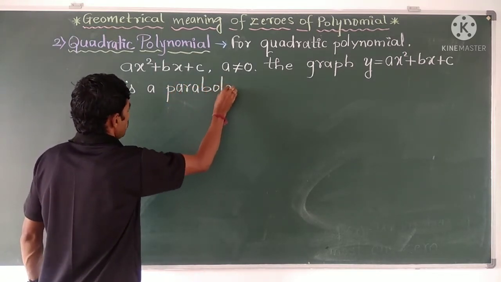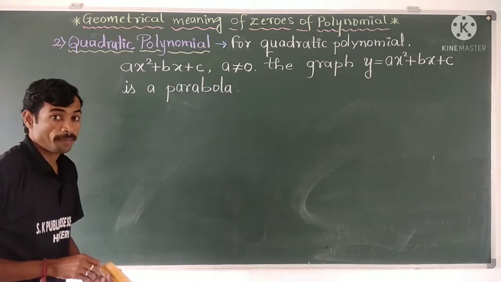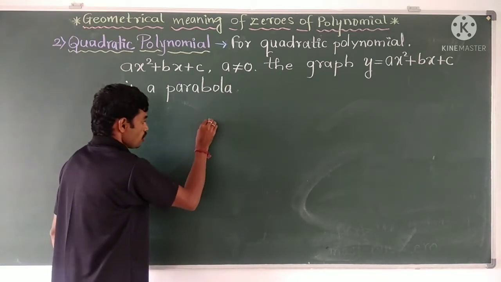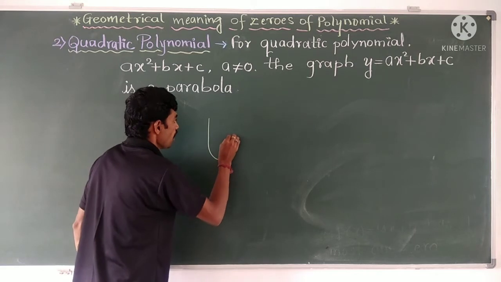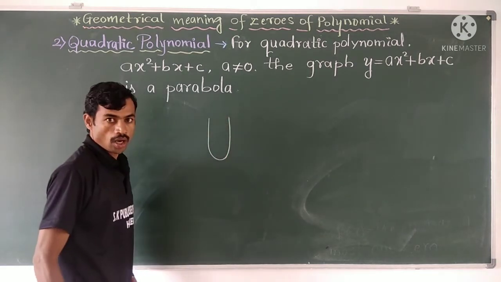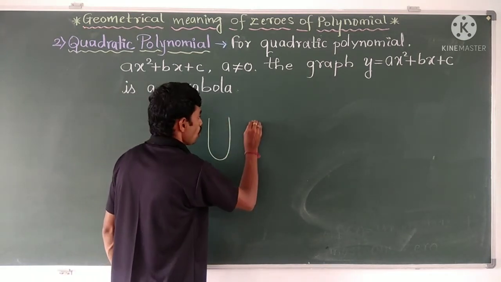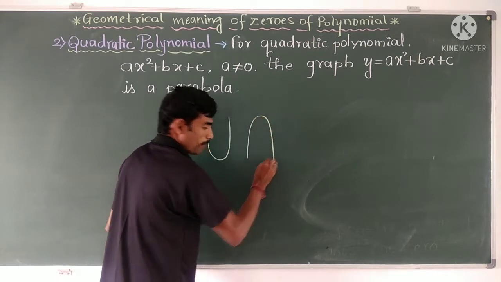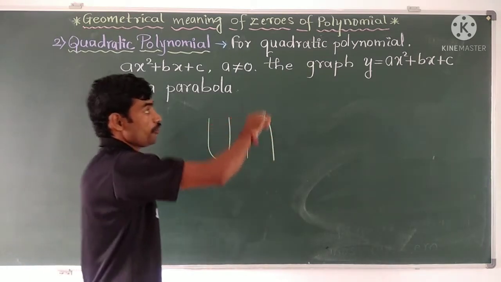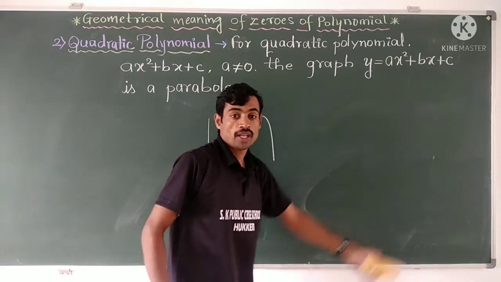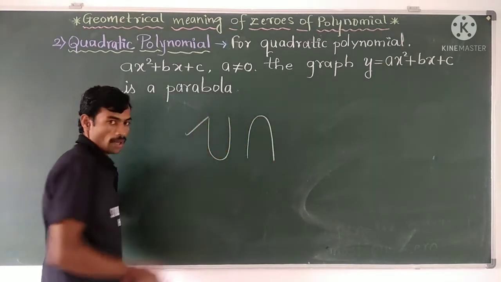In the previous class we have seen what shape a parabola has. So this is an open upward parabola, and another one is an open downward parabola. Clear? The graph of a quadratic polynomial is always a parabola.